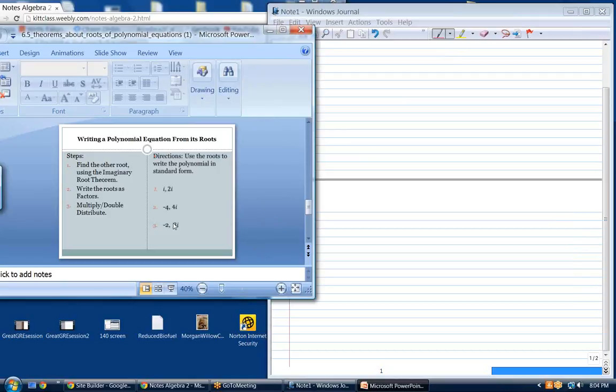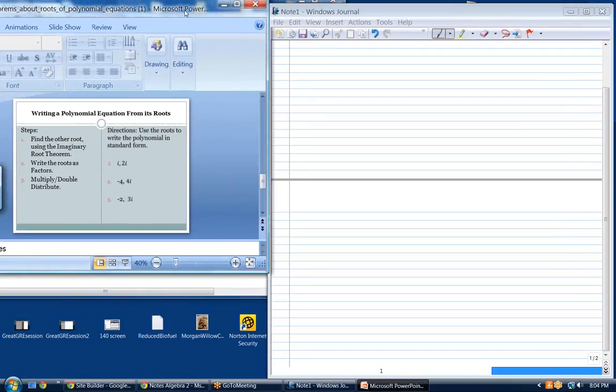Is this the section you started covering today? Yeah. Writing a polynomial from its roots? Yep. Okay. So this one is saying that i and 2i are roots. So how many roots are there? 4.